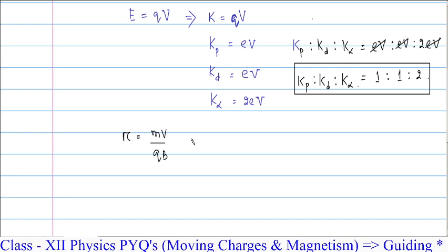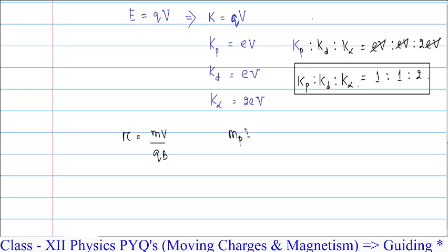Now we'll check which particle will have the greater radius. This radius depends first on mass.